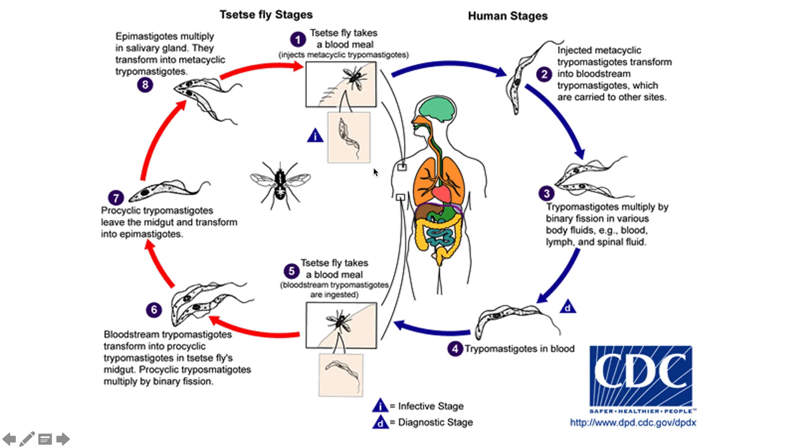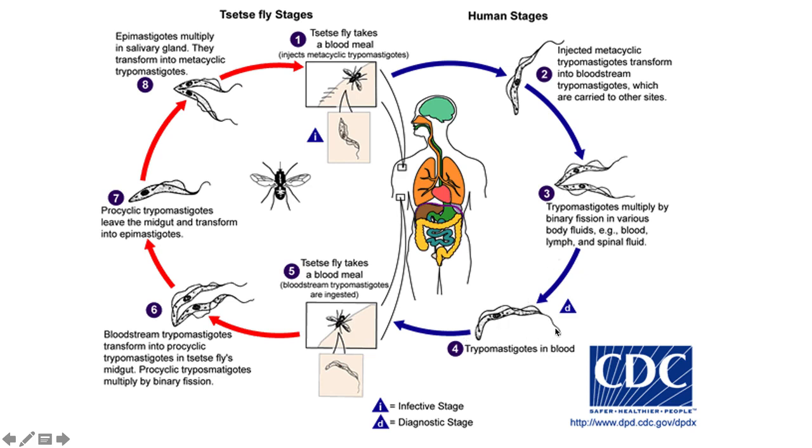Look, here, inside, injected trypomastigotes transfuse into the bloodstream, which are carried to other sites, to the lymph nodes, okay, sometimes to the CSF. And then from this stage, as you can see here, some multiply, divide by binary fission.